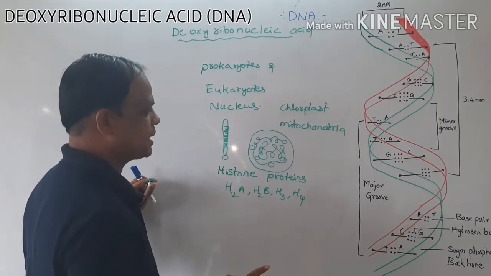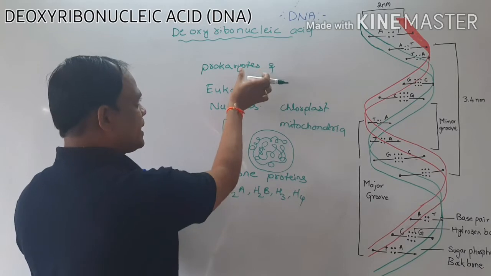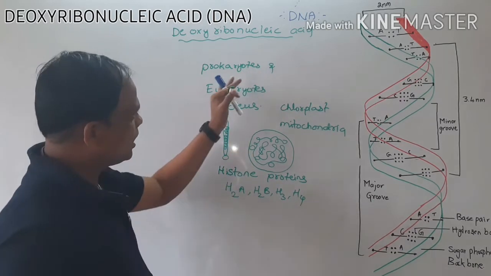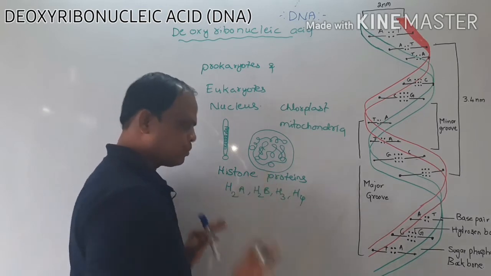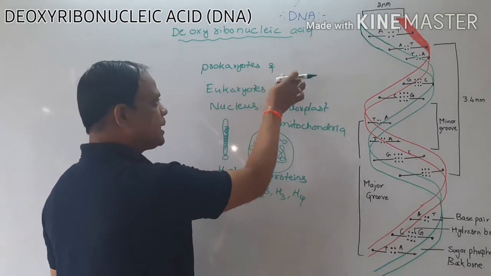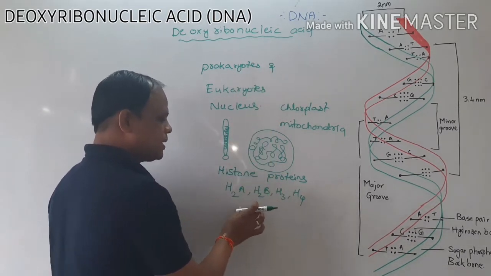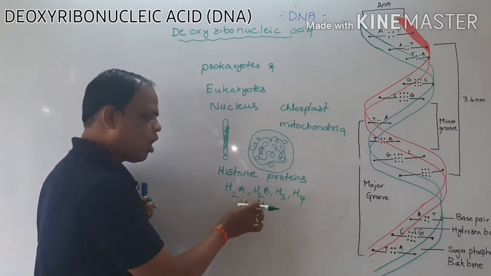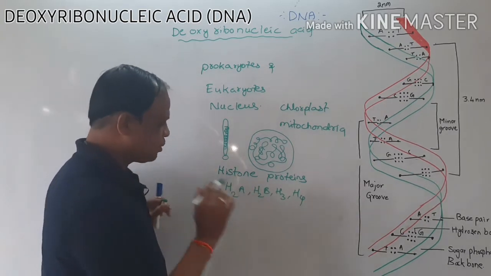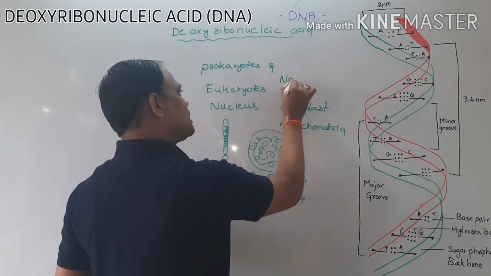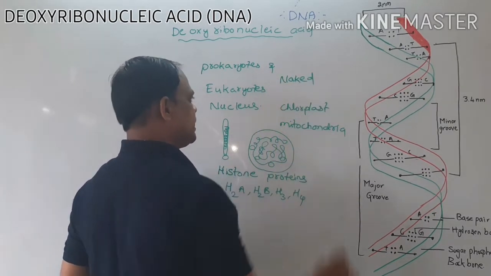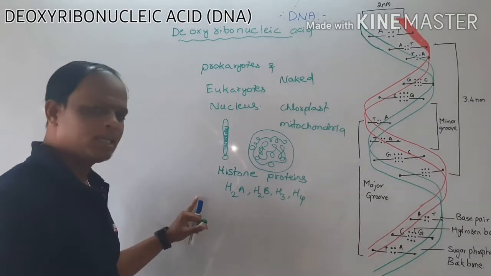In prokaryotes, the DNA is without these histone proteins. In the prokaryotic nucleus, histone proteins are not present. That DNA is also called naked DNA. This is the occurrence.